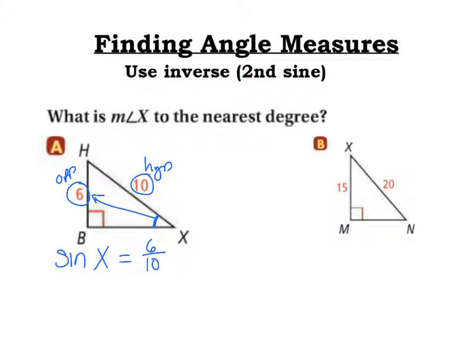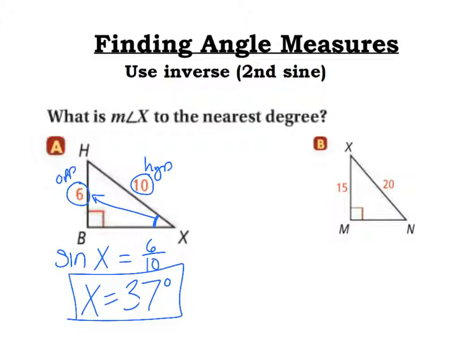Second sine, 6 divided by 10. Right? And I get x to equal 36. Oh, it says to the nearest degree. That would actually round up then. To the nearest degree, I'm going to put in a 37. And x is your angle, so we'll put a little degree sign there. X is 37 degrees.